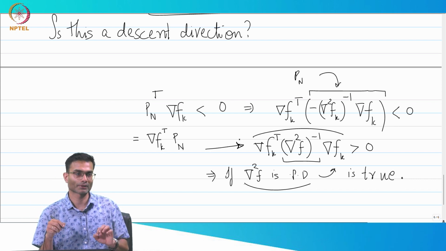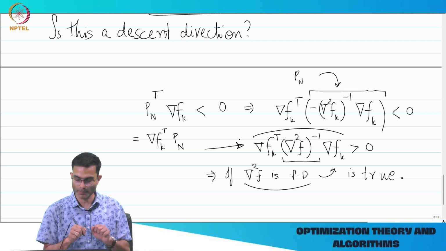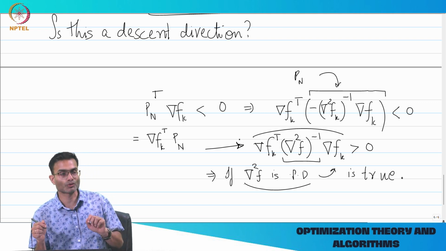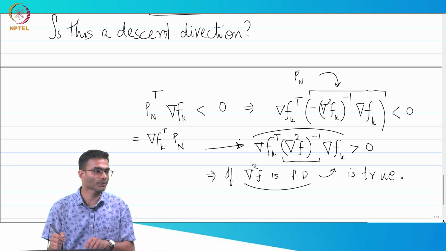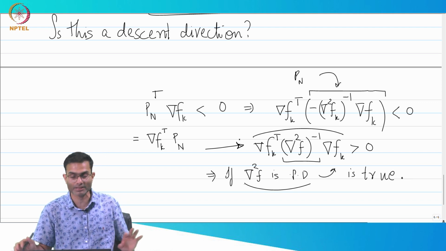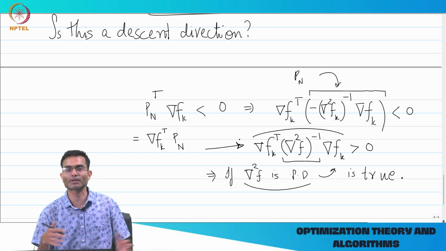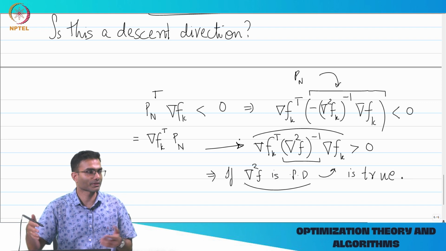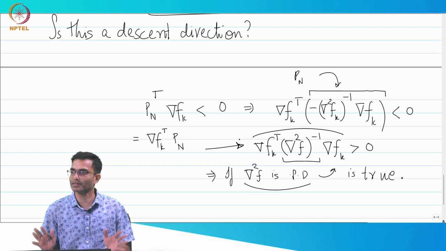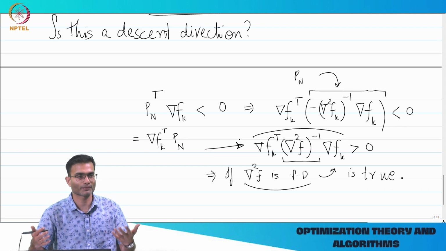So even if you are flying by the seat of your pants and you use the Newton method when the Hessian was not positive definite, it may work sometimes, because locally at that point the curvature may be such that this expression is greater than 0. But it's a very dangerous strategy to follow, because you never know, when you jump to another point, this expression may not hold true, right? So the standard way is to make sure that the Hessian is positive definite, and then work with it.